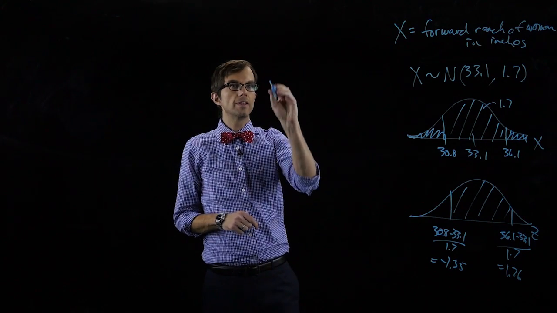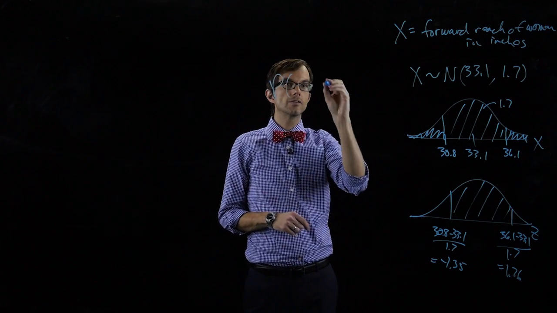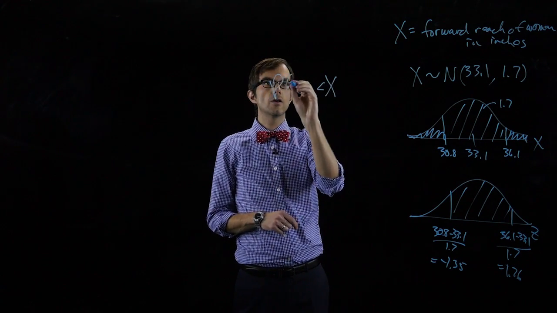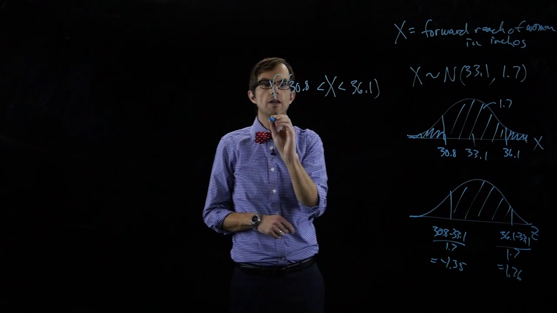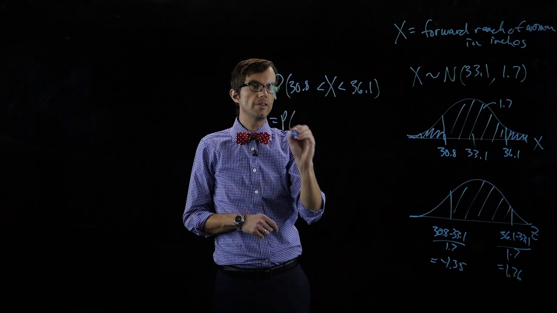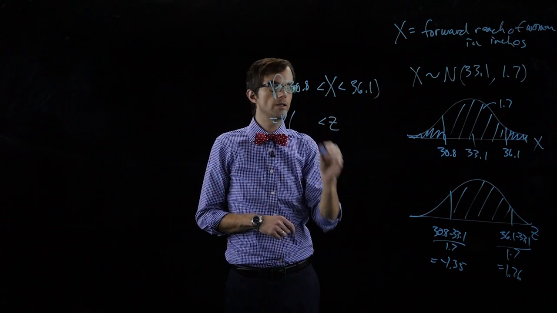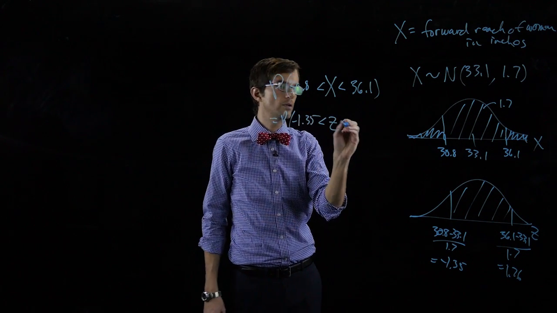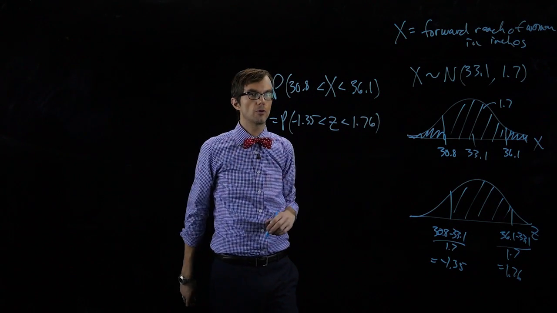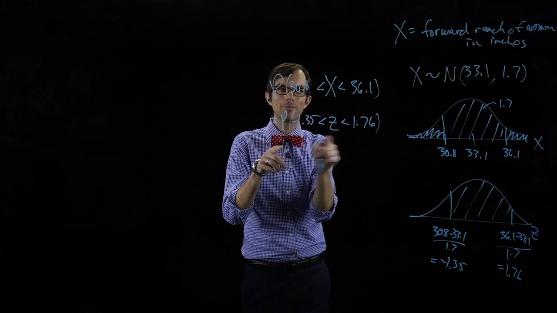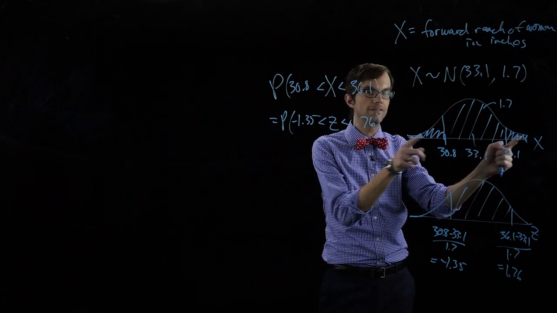Okay, so the probability that x is between 30.8 and 36.1 is equal to the probability that z is between negative 1.35 and 1.76. Those two probabilities are equivalent. And ultimately, we want the complement of this probability to find these tails.